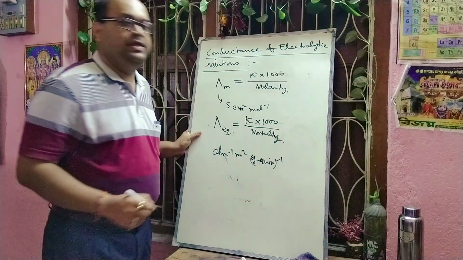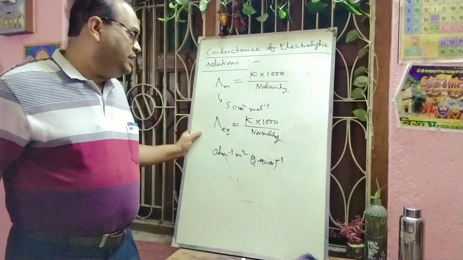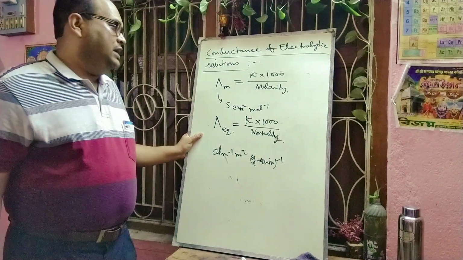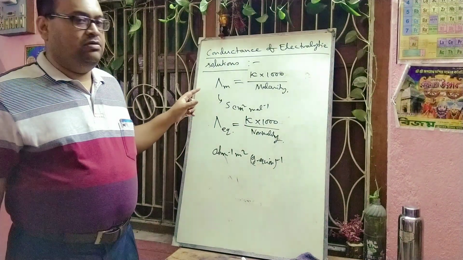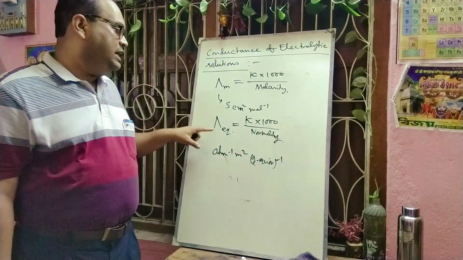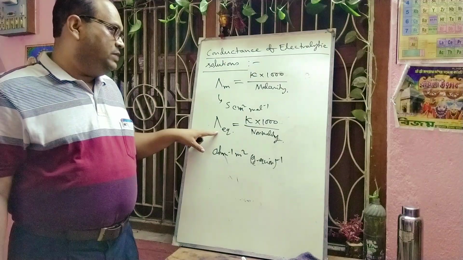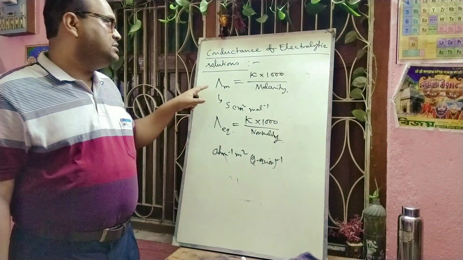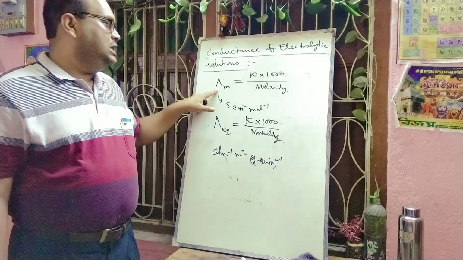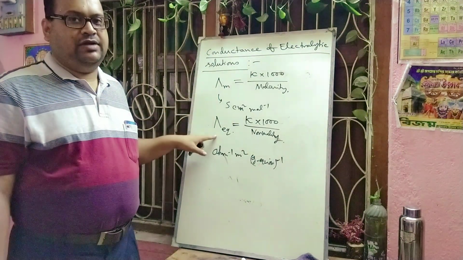That will be the unit of this lambda equivalent, and definitely there is a relation between this lambda m and lambda eq. That means this one is the molar conductance and equivalent conductance.